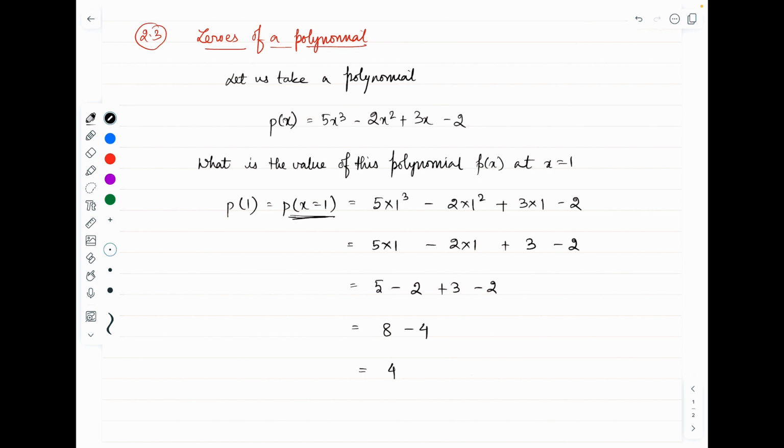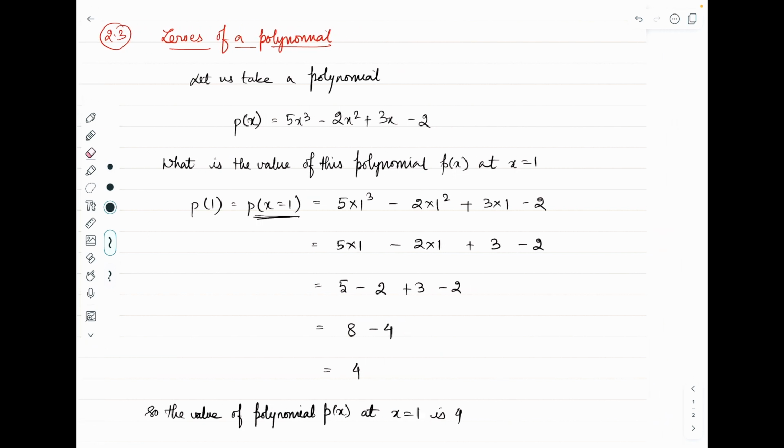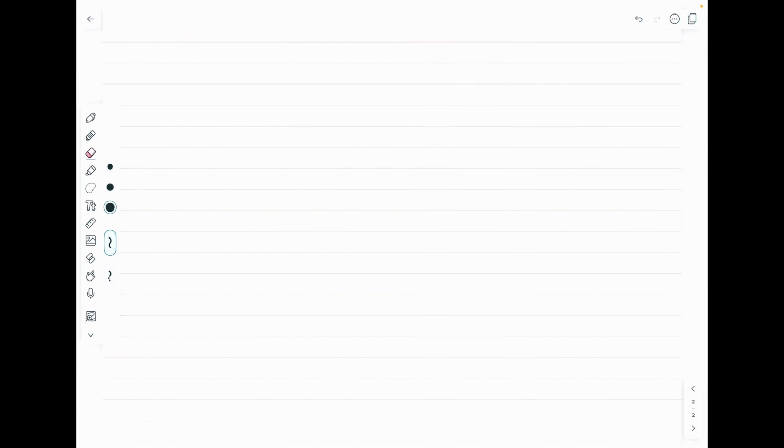So the value of polynomial P of x at x equals 1 is 4. When x is 1, the value of this polynomial is 4.